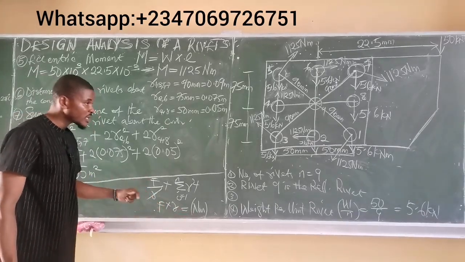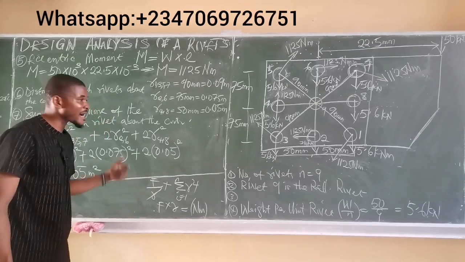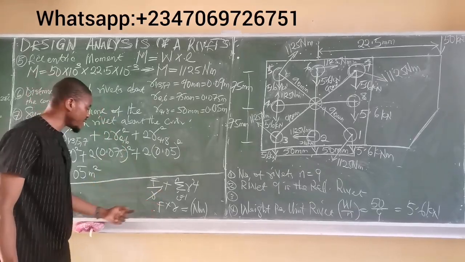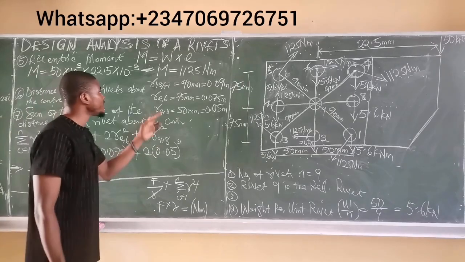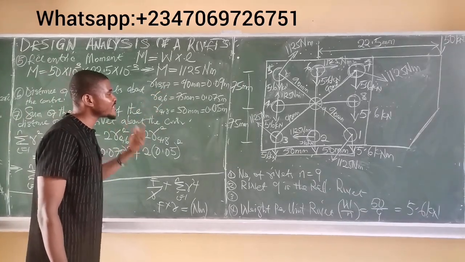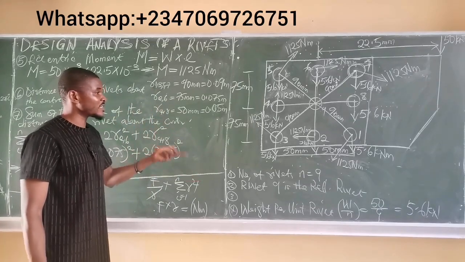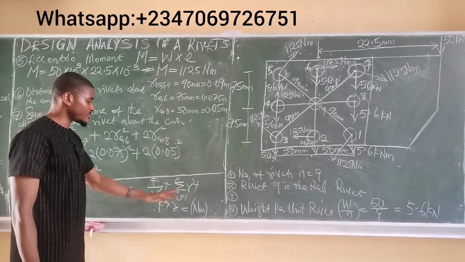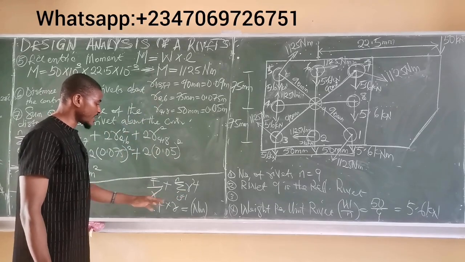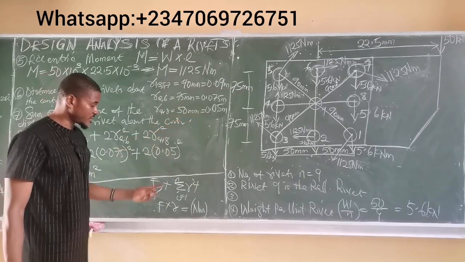It becomes the force of the particular rivet you're referring to, all over the distance of that particular rivet about the neutral axis, multiplied by the sum of the total distances. So for this case, where rivets 1, 3, 5 and 7 have the same distance about the neutral rivet, or the central rivet, there is no need to start picking out F1 over r1 times this, or F3 over r3 times this, because the distance about the central rivet is the same.